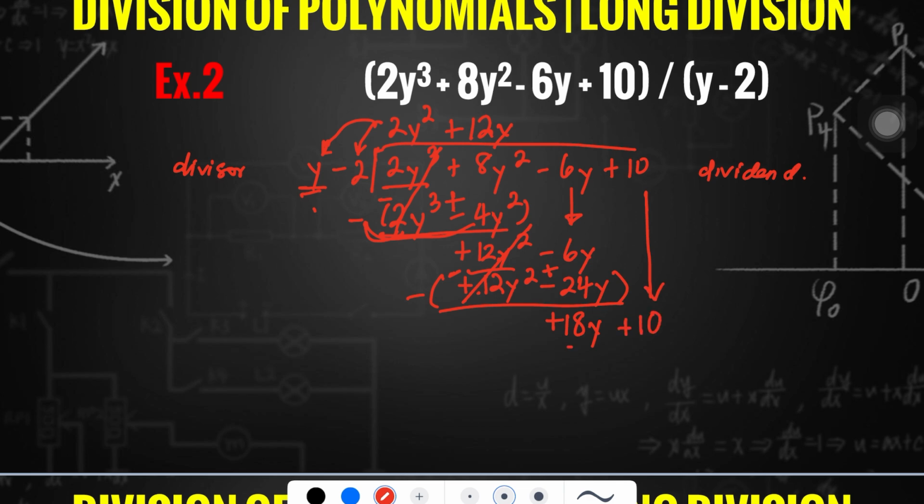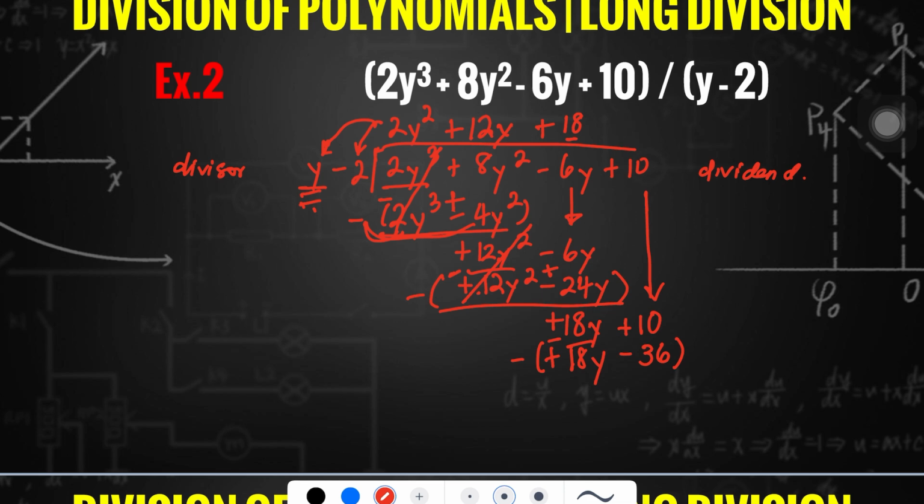Again, divide the first term of your dividend by the first term of the divisor, then you get positive 18. Multiply 18 by y, positive 18y. Multiply 18 and negative 2, that's negative 36. And subtract the expressions, change the sign.